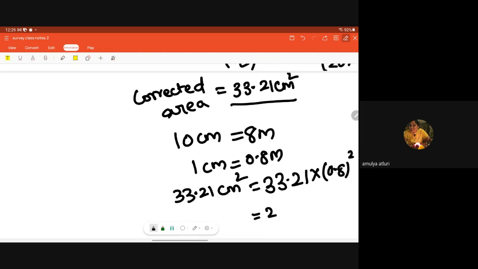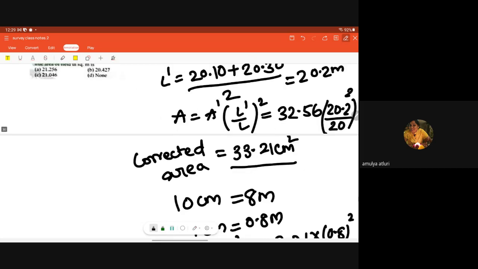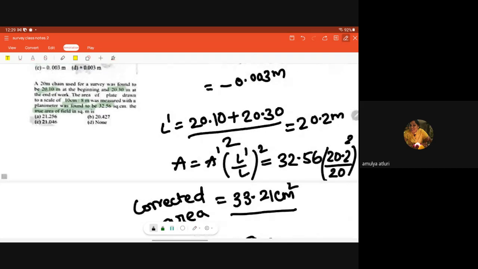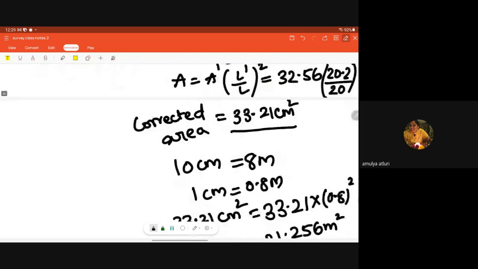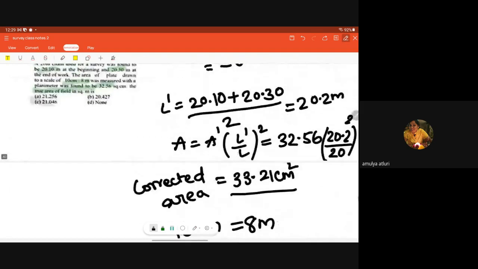So it is 21.256 meters square. This is your correct area in meter square. What they have asked, the true area of field in square meters. So what you got? Answer as 21.256.